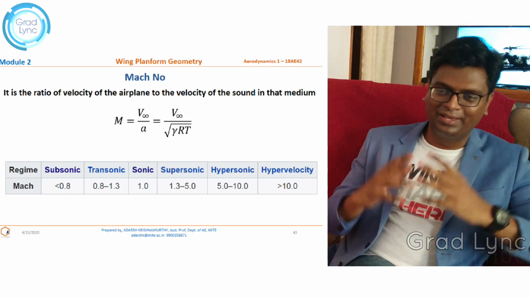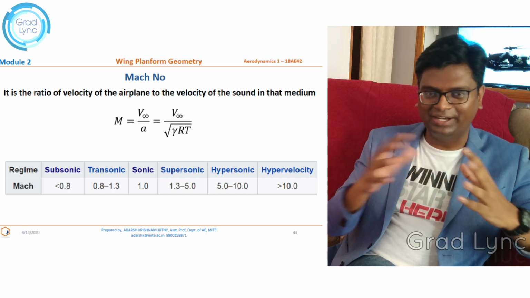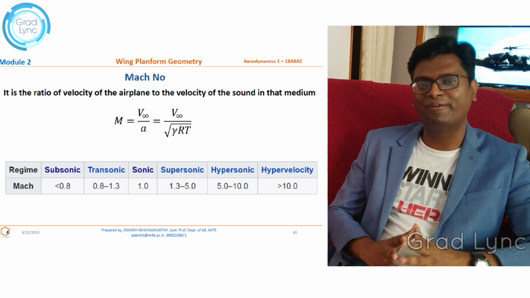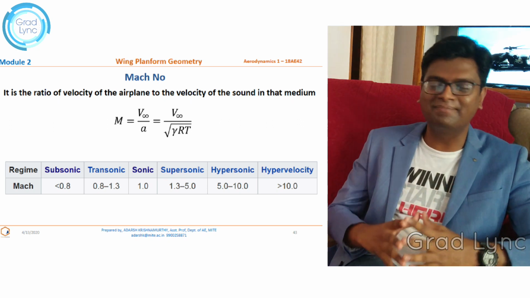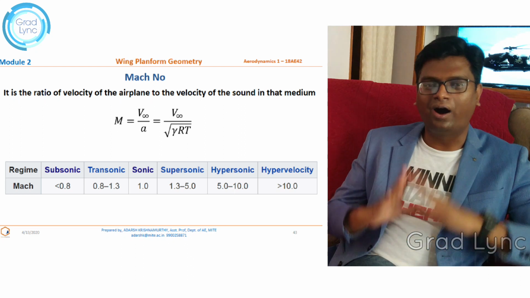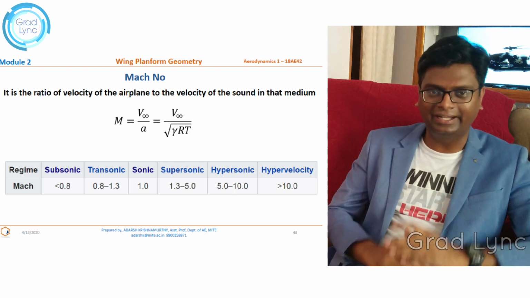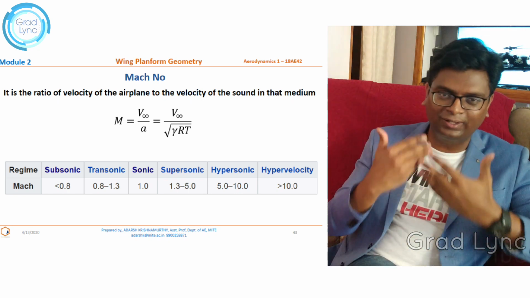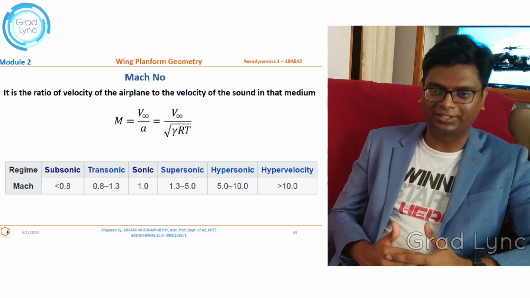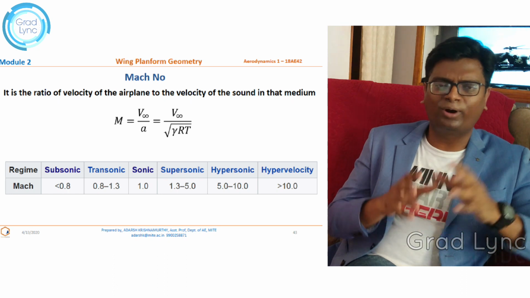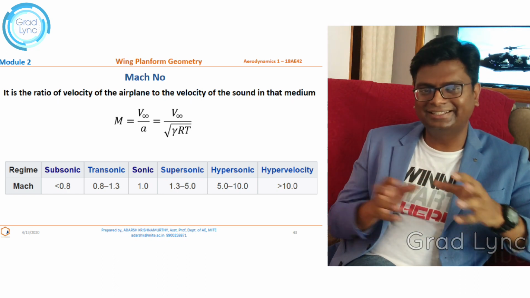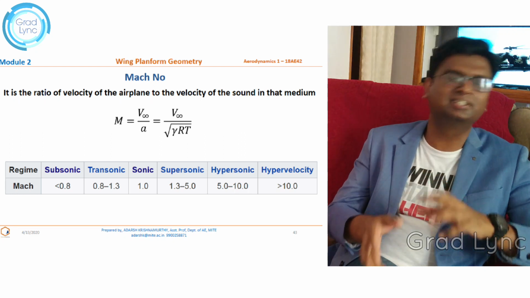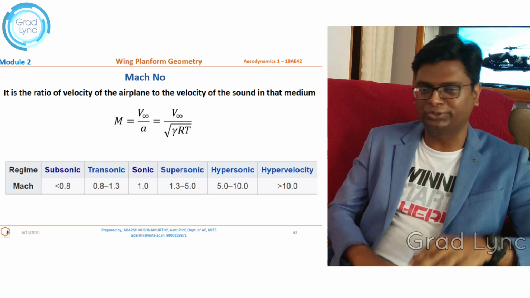In order to differentiate various Mach numbers, there are certain ranges we consider. For example, subsonic I call all the Mach numbers below 0.8. If an object is moving at, let's say, Mach 0.7, I call that speed subsonic. If the Mach number is between 0.8 and 1.3, that is a transonic region, where the speed is transitioning from subsonic to supersonic.